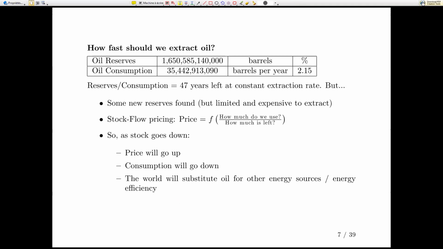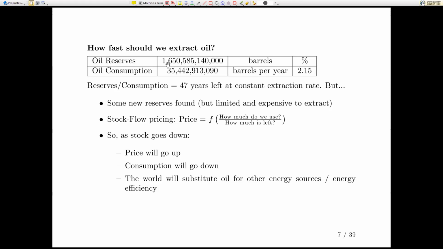Okay, so how fast should we extract oil? People can ask themselves this. If we look at how much oil reserves we have today, we have approximately this amount of barrels in the world: 1.6 trillion barrels estimated.